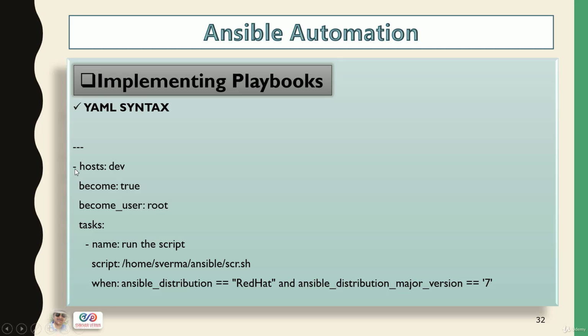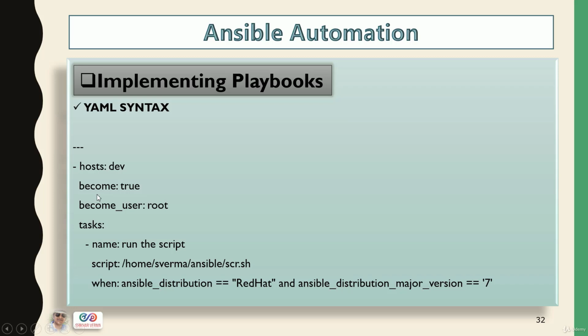After that I have given one space. This is the entry for the hosts, colon, and then another space, and this is the name of the group that you have defined in your hosts file. So dev is the group name in which we have a few servers. This playbook is going to run on the servers which are part of this dev group.